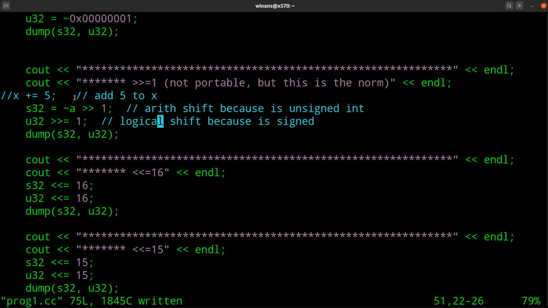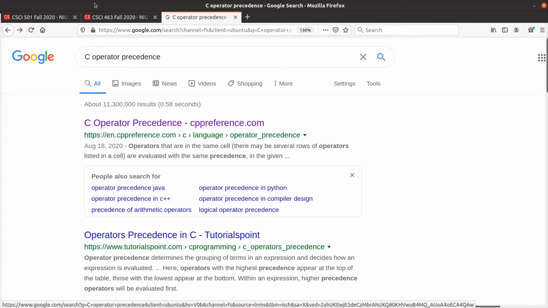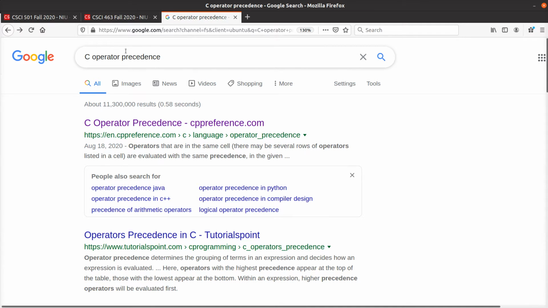If you do this, by the way, you need to make sure that the operator precedence is doing what you think it does. So we would ask the question, does it shift A right 1 and then do the tilde? Or does it do the tilde and then shift it right once? Well, to find that out, you do a lookup on Google. If you don't know, I happen to know that tilde has higher precedence, so it makes sense.